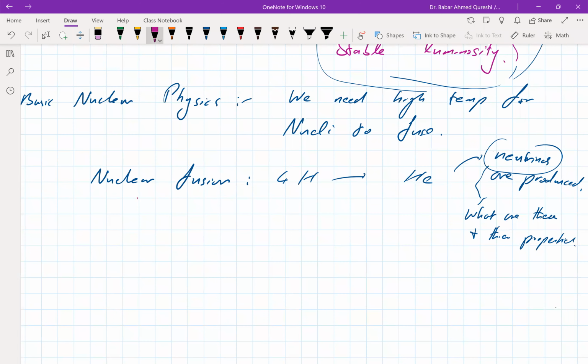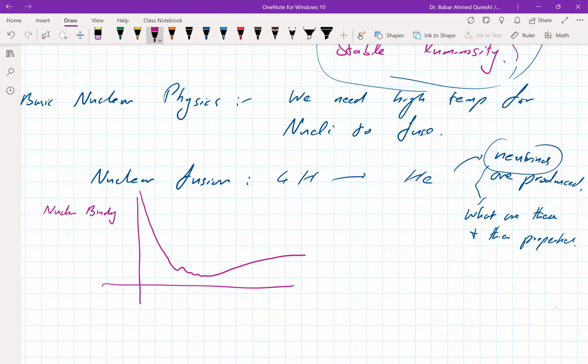And this graph of nuclear binding energy, you can say it's like the potential energy for nuclei, against atomic mass.